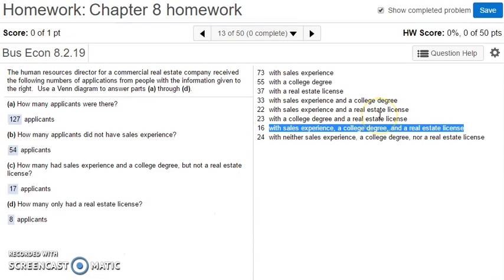College degree and real estate. So now what we need to do is go for the next piece, 23 minus 16. So an additional 7 have what? The college degree and real estate that aren't part of the sales experience. So you're going to work from the inside out.